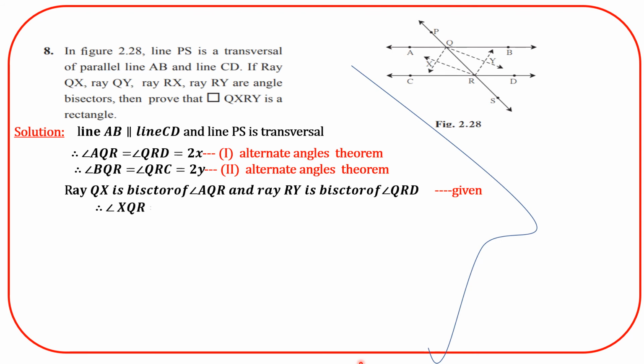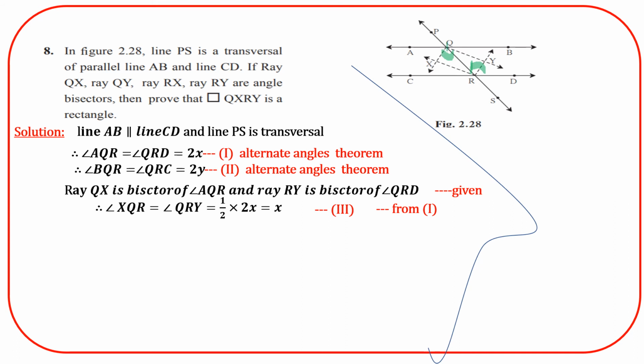Therefore, angle XQR is equal to angle QRY is equal to half into 2x, that is x degree. Now here you observe, this is statement number 3 from 1. Therefore, these two angles are equal.